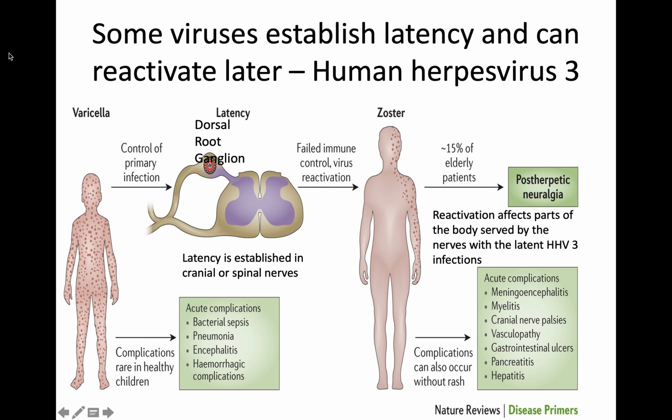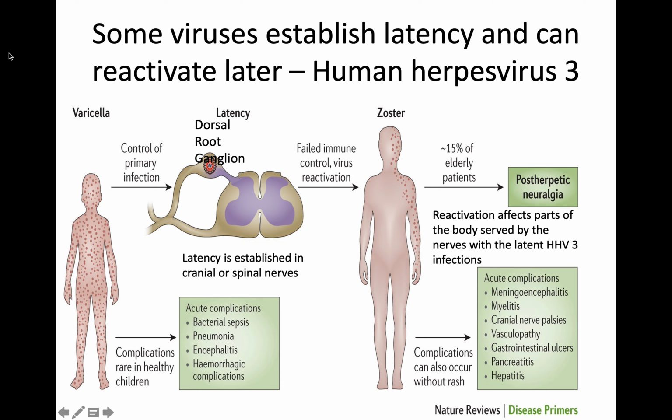Another thing about the viruses is some may actually establish latency and will be reactivated later. So for this one, I ask that you know a little bit about the human herpes 3 virus. Human herpes 3, that is the family to which the virus belongs. So we all know this as varicella, which is chickenpox.